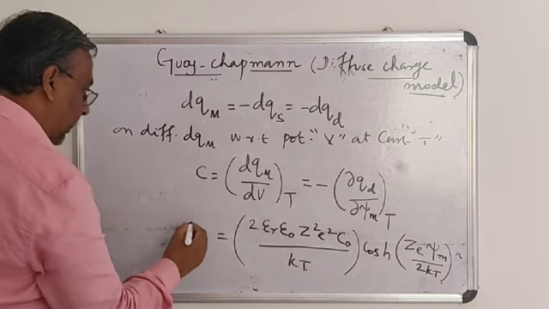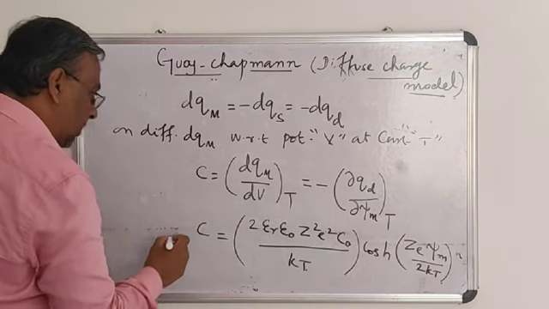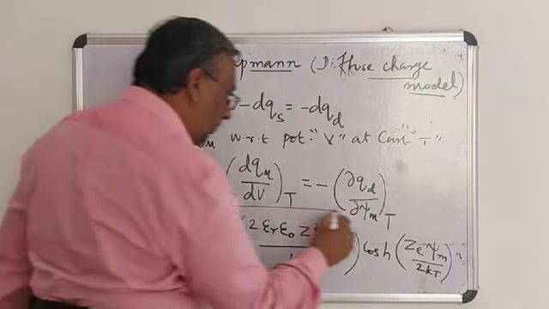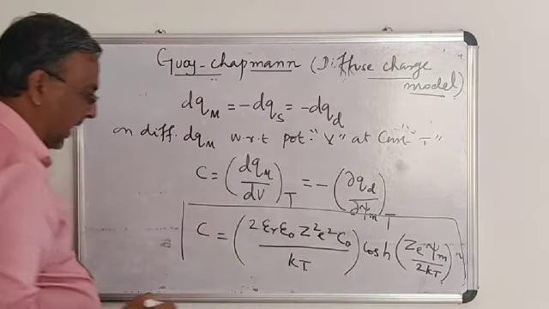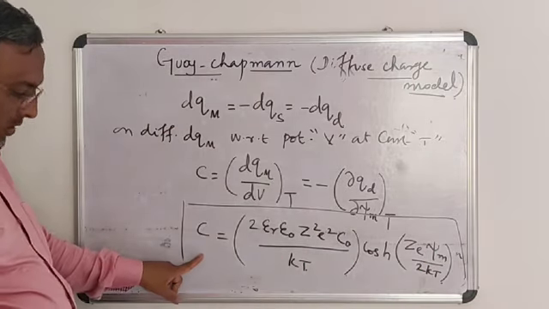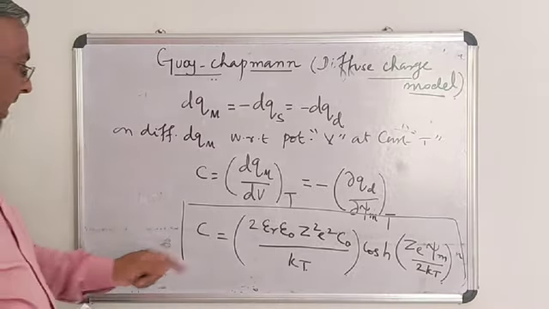This is the capacitance of an electrical double layer calculated by Gouy and Chapman.